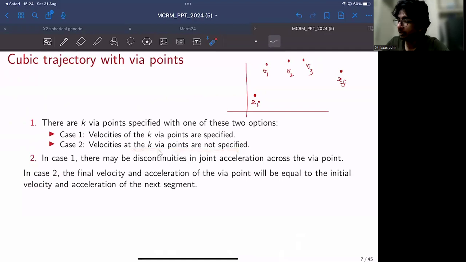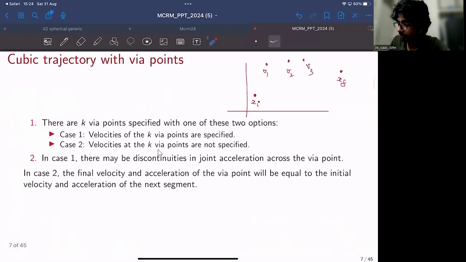So what we do is that we do this interpolation in a way that the final velocity of the segment between xi and v1 is considered to be the initial velocity of the next segment between v1 and v2. And the velocity basically propagates from the initial point all the way to the final point. That is the second way of doing it.